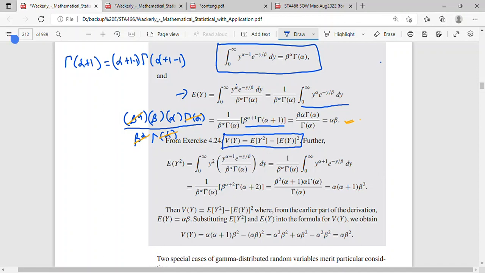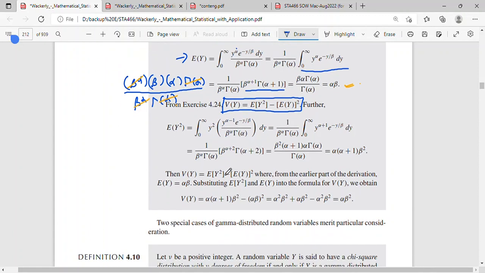Now we need to find the expected of y square. So use the same concept to get expected of y square. We need to integrate y square multiplied with the PDF of random variable y, then integrate with respect to y. Okay, same concept.